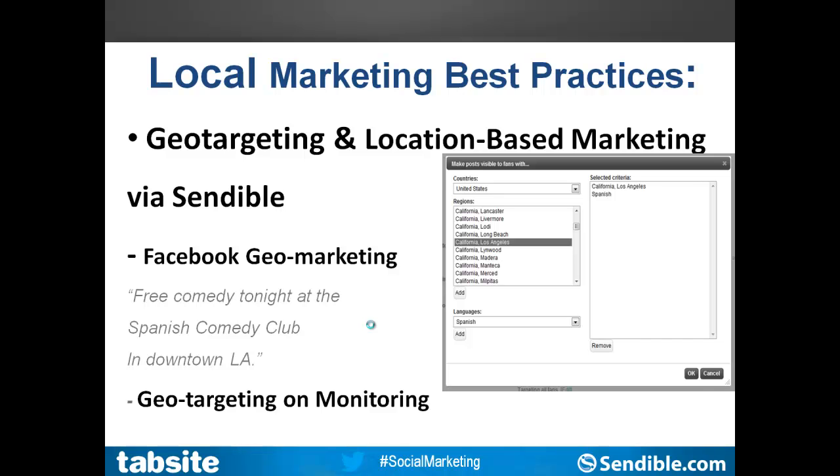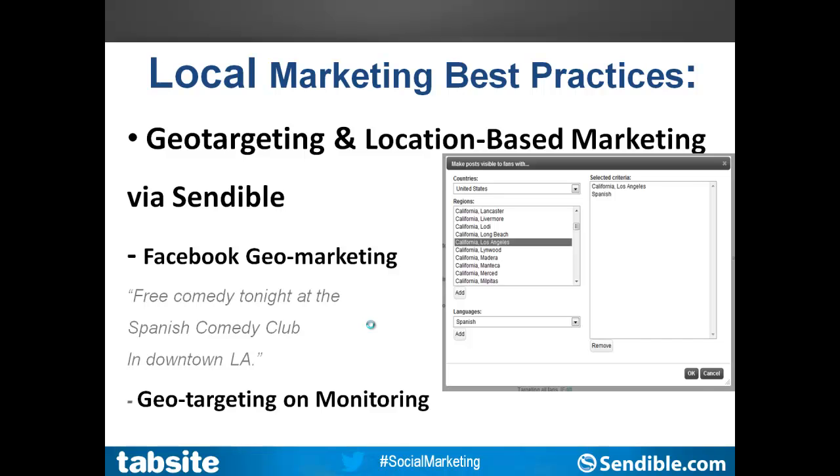So, for example, you may be promoting an event in Los Angeles that you only want to promote and be visible to fans located near LA who speak Spanish, for instance. So you'd say free comedy tonight in the Spanish Comedy Club in downtown LA, and then on Sendible you just target these people who are in Los Angeles and who speak Spanish, and these are the only people that will see that post on Facebook.